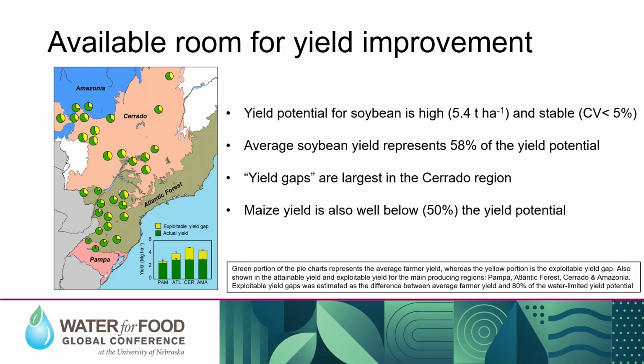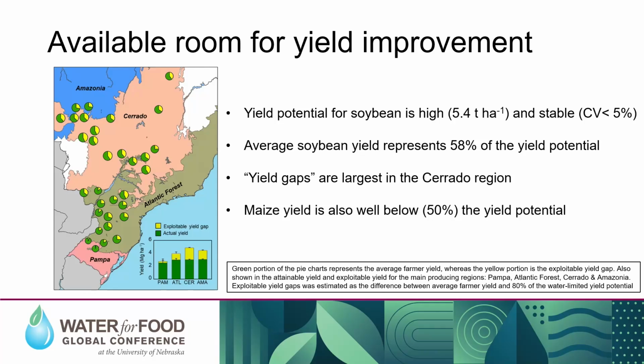You can see that the fraction of yellow changes across regions. The yield gap is much lower in the South historical region, but it's much larger in the Cerrado and in the Amazonia region. So this map provides a roadmap for any policymaker who would like, for example, to start a program to intensify soybean corn systems by showing them where the largest opportunities for improving yield exist.